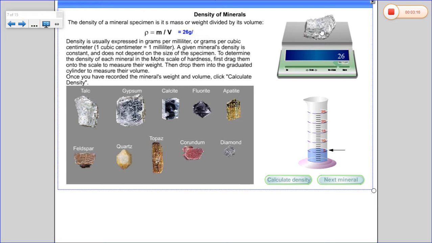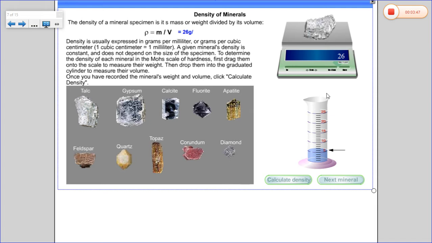Then we take the same substance and put it in the cylinder. First you have to know that the cylinder is used to measure the volume of liquids or solids with irregular shapes. If you want to measure the volume of a regular solid shape, you simply use the ruler to measure its length, width, and height.